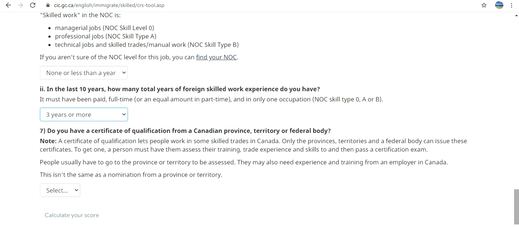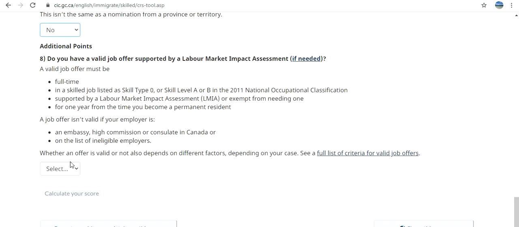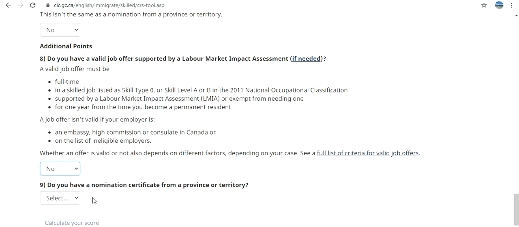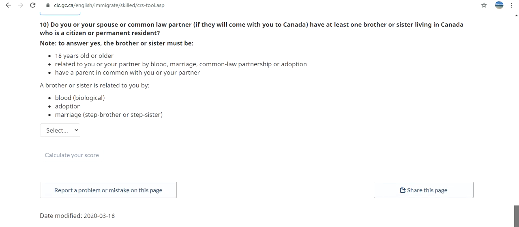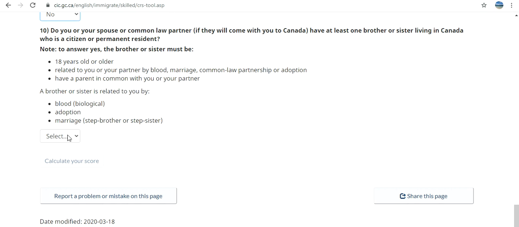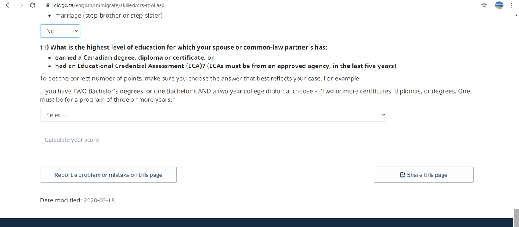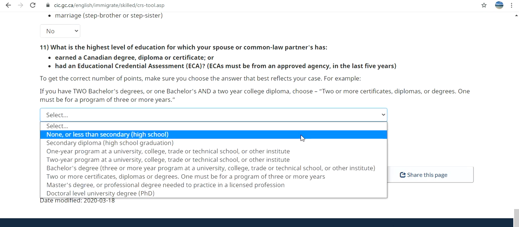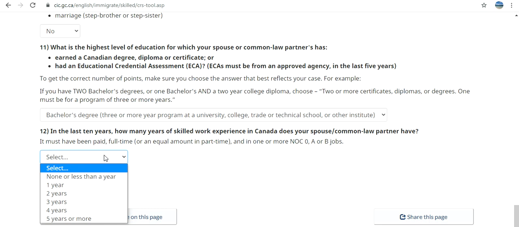Do you have a certificate of qualification? Let's say no. Do you have a brother or sister in Canada? No. LMIA? Let's say no. Nomination? No. Highest level of education that your partner has, this time with respect to the husband, so a bachelor's degree. Canadian experience?